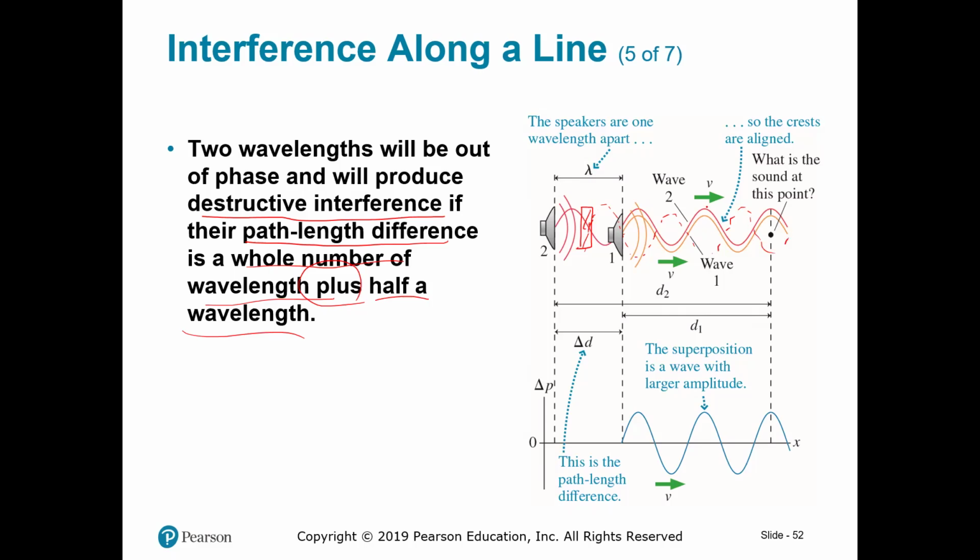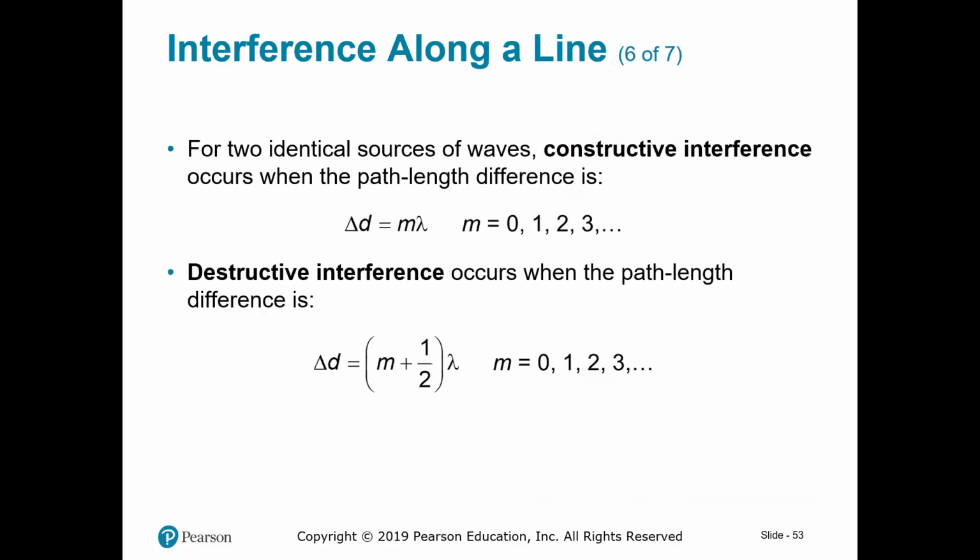So ignoring the red wave here, you see the red dotted wave is always opposite to the yellow one, and then they cancel each other. So that is called destructive interference. The condition is a whole wavelength plus another half wavelength.